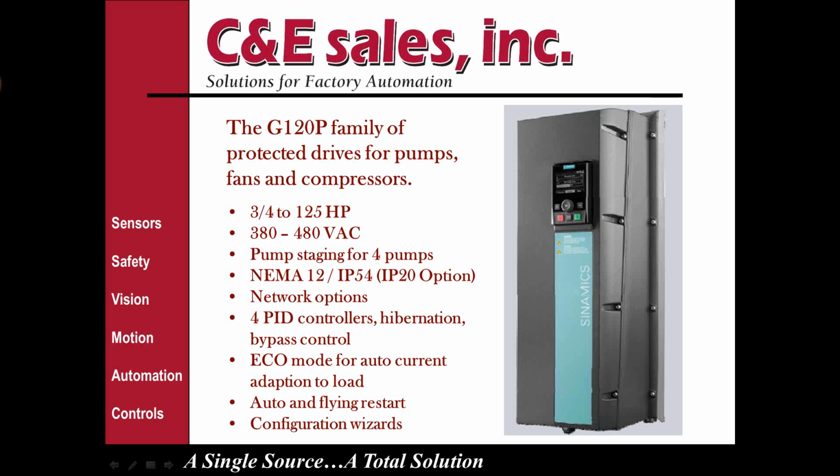It can be taken out and mounted right on the wall next to a pump or a fan, so it simplifies your applications. They're also available with the same control capabilities in an IP20, similar to the G120 series. So there's a little bit of cost difference between those two options.